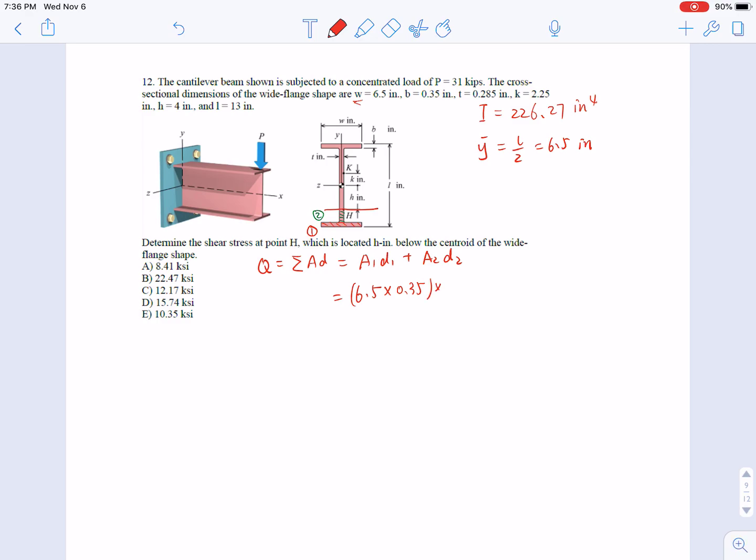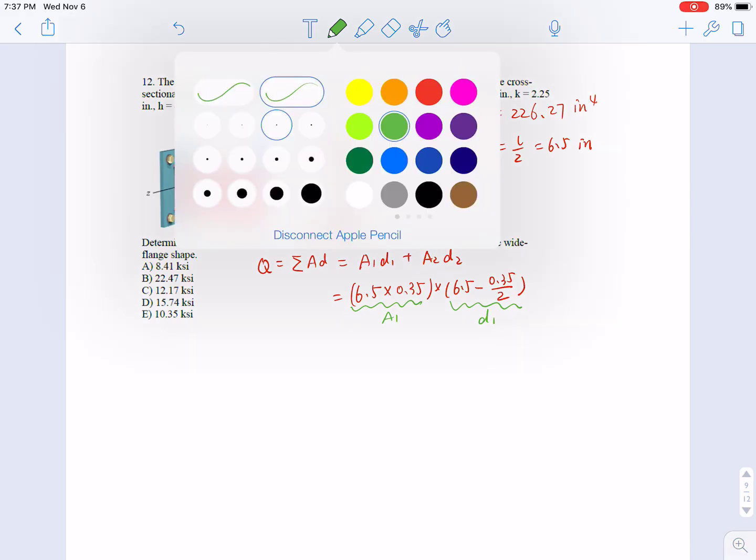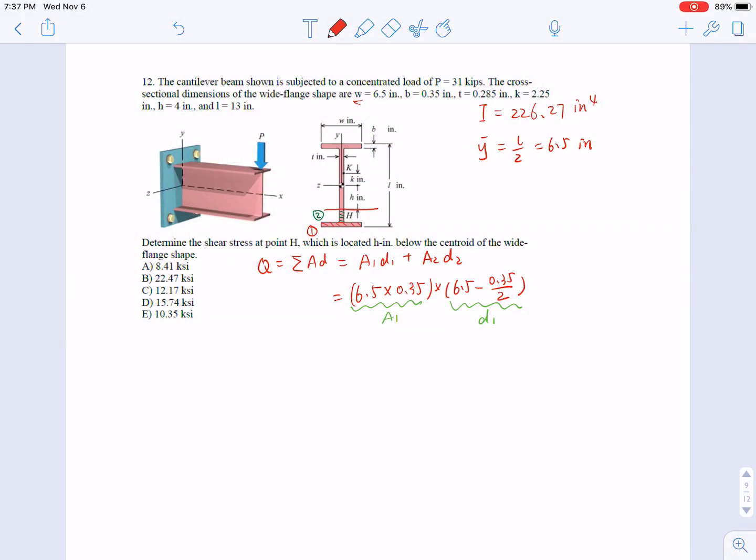Times D1, so D1 will be 6.5 minus half of the thickness, the y bar minus half of the thickness. So this is A1, this is D1. And plus the A2, D2.